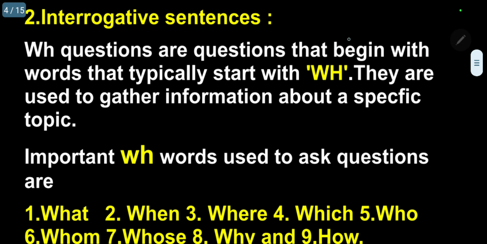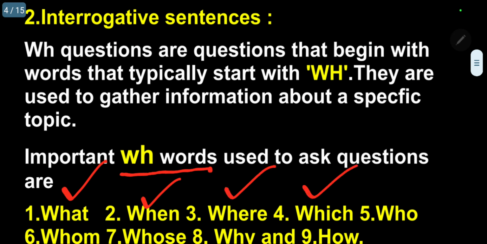So here, the important WH words used to ask questions, which I am giving in alphabetical order, are: what, when, where, which. These three I have already discussed. Now I am going to discuss who today.